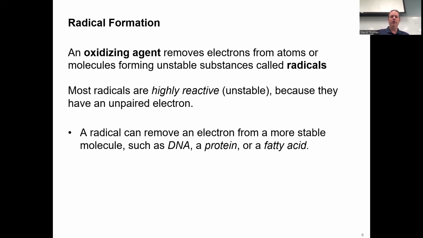It could lead to a problem with a protein. It could lead to a problem with some of our lipids or fatty acids. And so these radicals, as they're called, damage the cell structure at the atomic level by essentially removing some of the electrons.